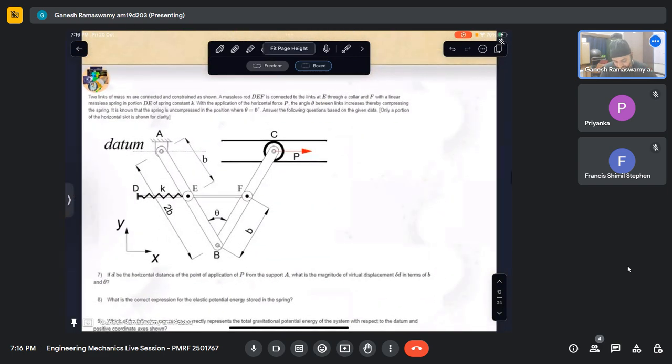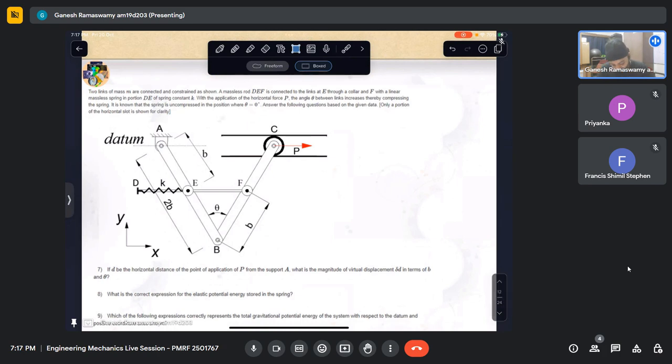So let us see this question. Two links of mass m are connected and constrained as shown. A massless rod DEF is connected to the links at E. This is the massless rod, connected through E through a collar and F using a linear spring.